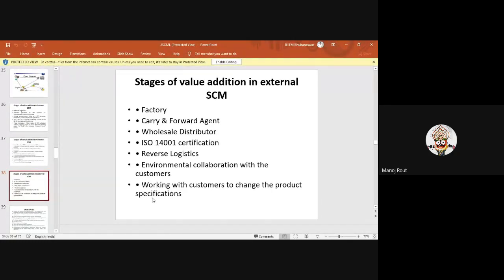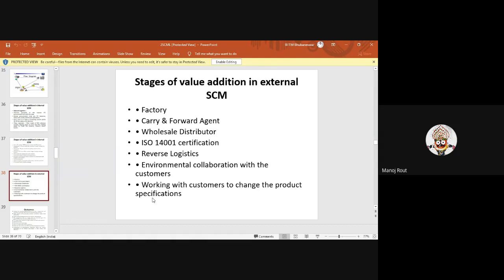The next part is the wholesale distributor. ITC is well connected with 16 different locations across India, and it is well connected with their carry and forward agents.